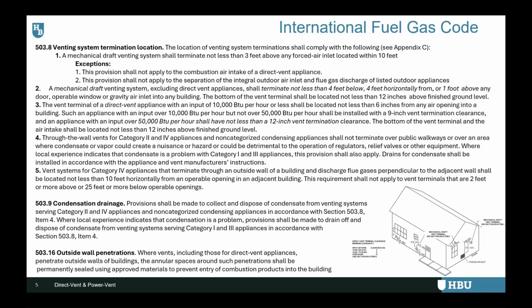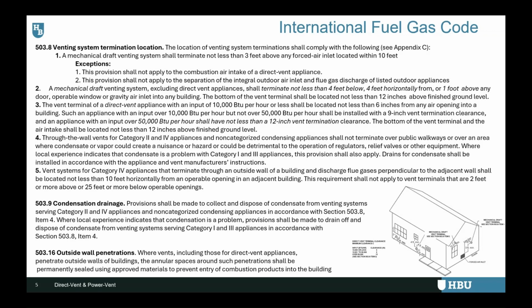For larger units, over 50,000 BTUs, it's 12 inches. The bottom of the vent terminal and the air intake must still be at 12 inches above the ground. This reflects the safety of sealed combustion.